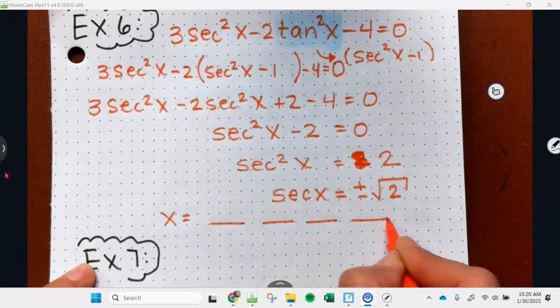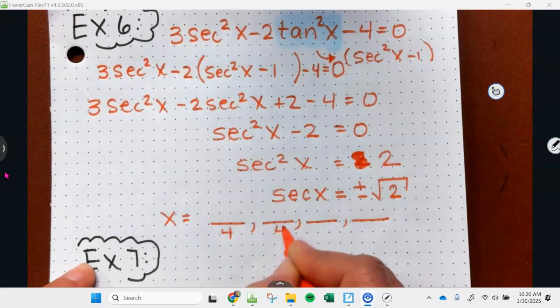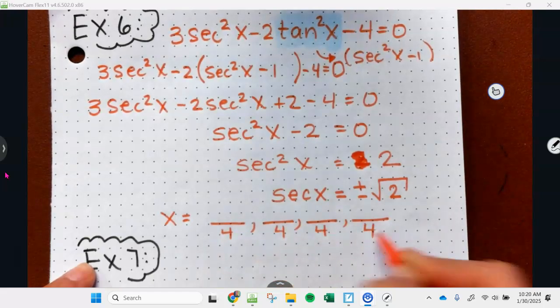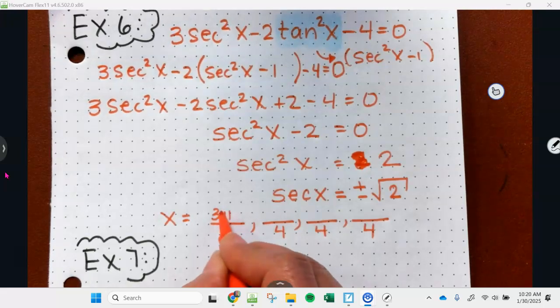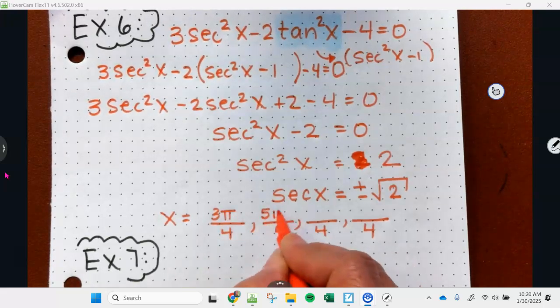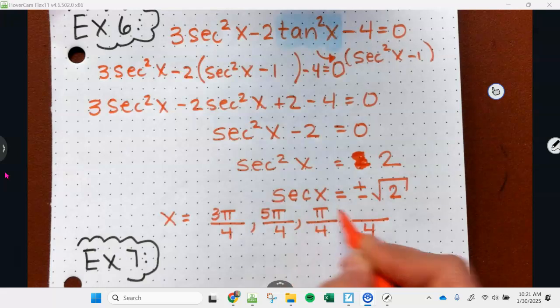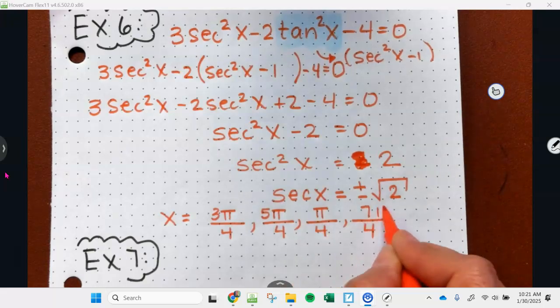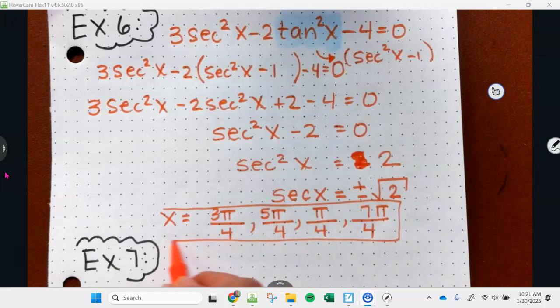And it's all of them. Pi over 4, 3 pi over 4, 5 pi over 4, 7 pi over 4. Yes, yes, yes.